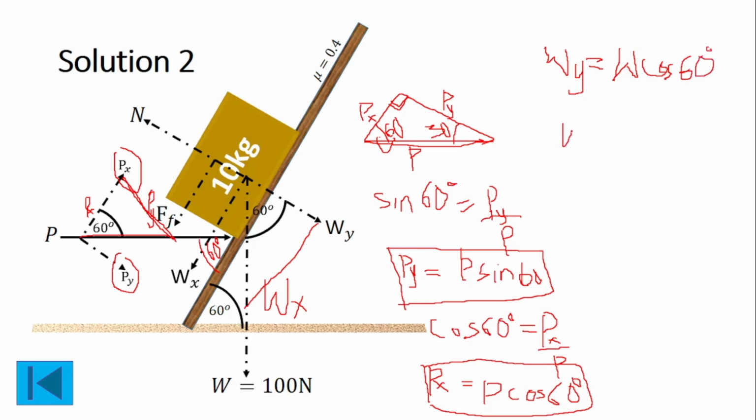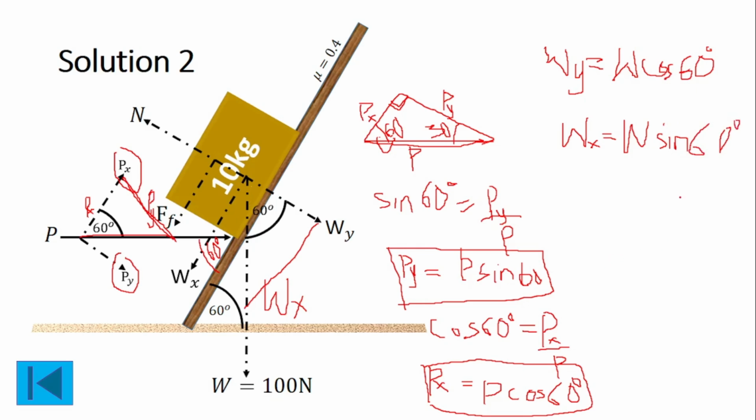And W sub x will be equal to W sine 60. Actually, this is gotten from the triangle.